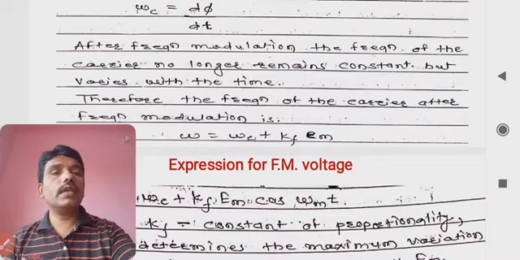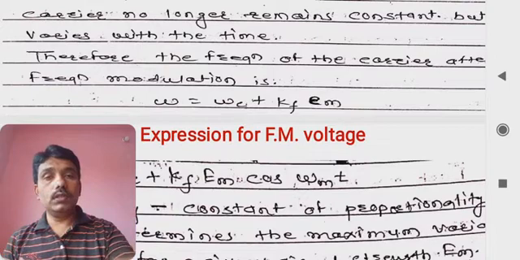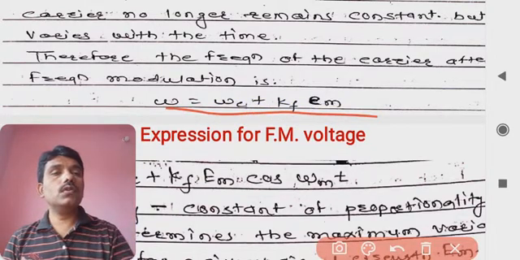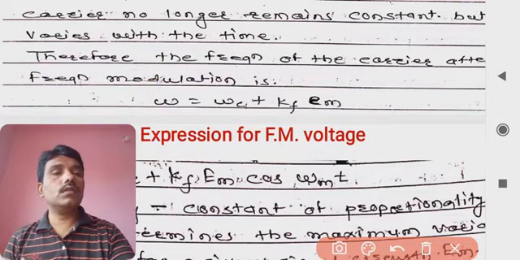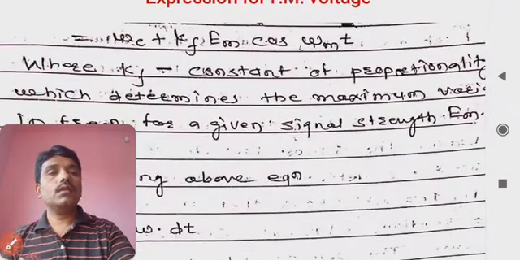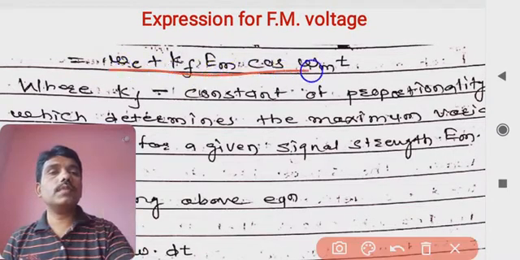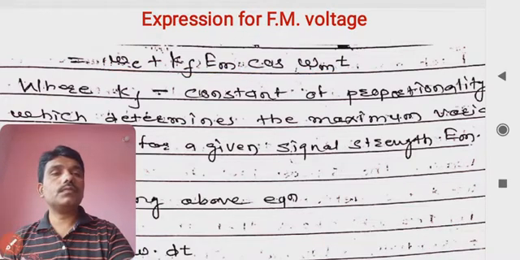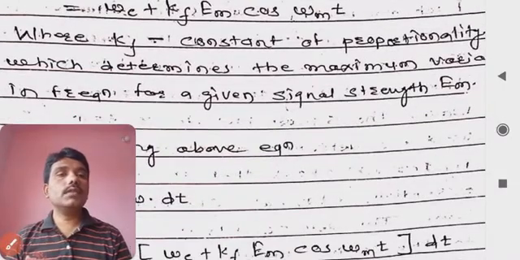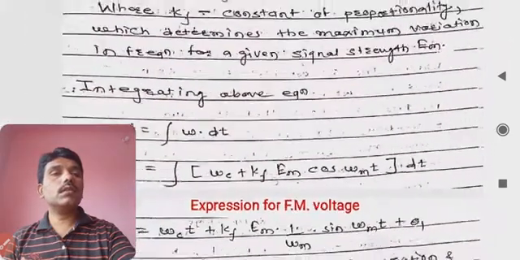Therefore the frequency of the carrier voltage after frequency modulation is given as omega equal to omega c plus kf em. That means the modulation is added to the frequency and only the frequency varies, while the phase and the amplitude remain constant. So I can write this expression as omega c plus kf Em cos of omega m t, where kf is the proportionality constant, which determines the maximum variation in the frequency for a given signal strength Em.